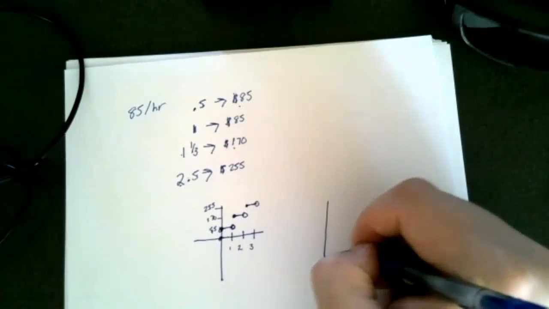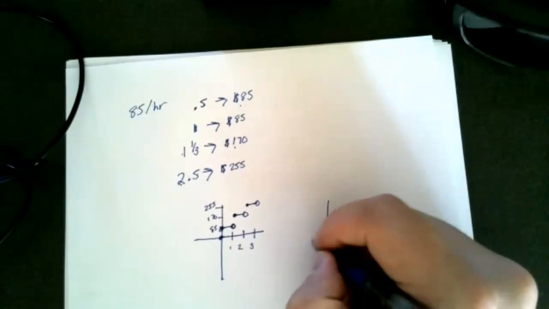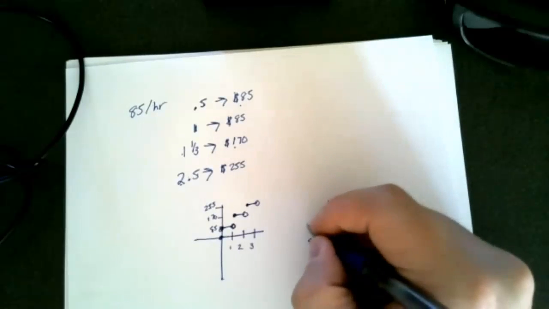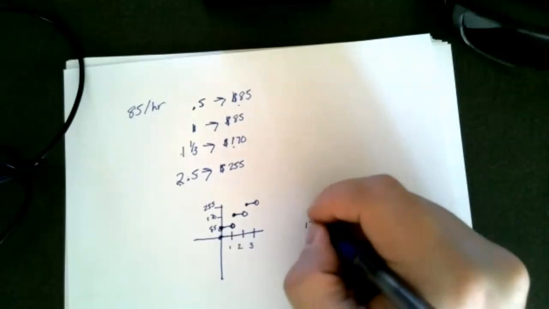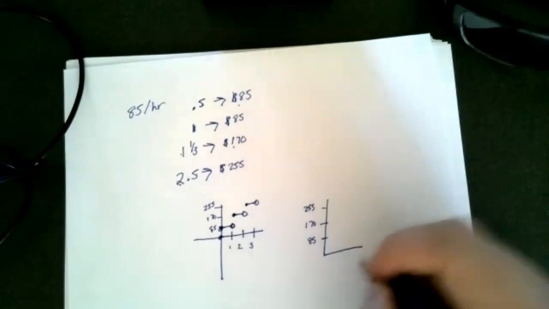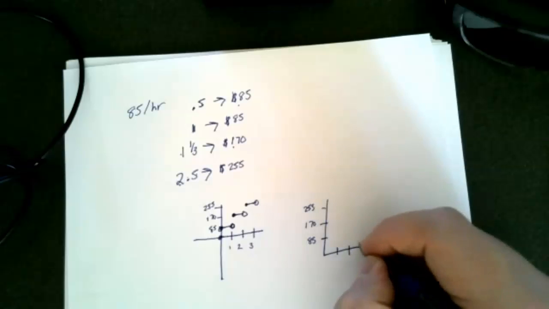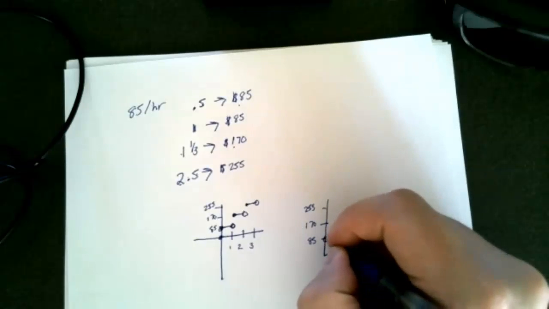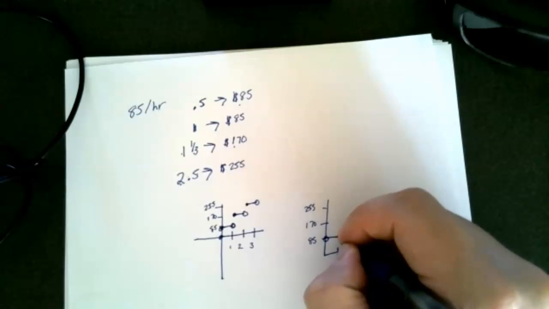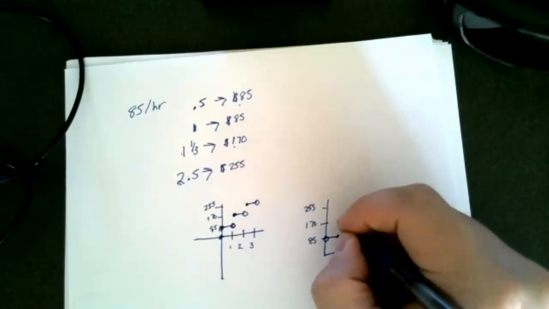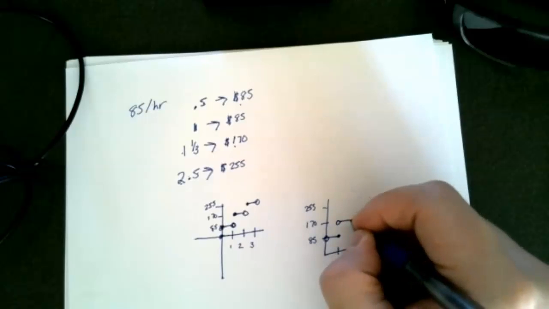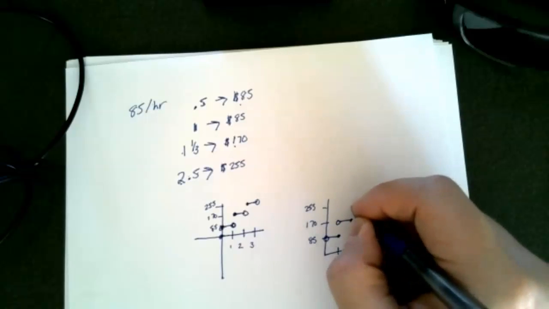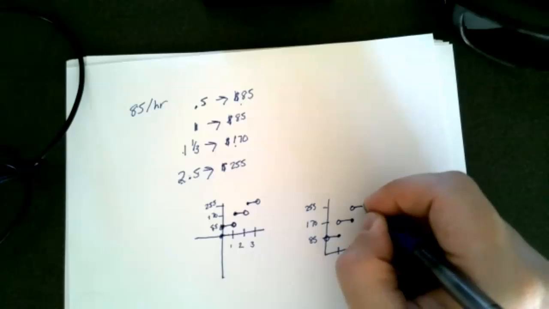So I'll redraw it because I messed it up. 85, 170, 255, 1, 2, 3. So I'm going to have an open dot and then a closed dot, each time.